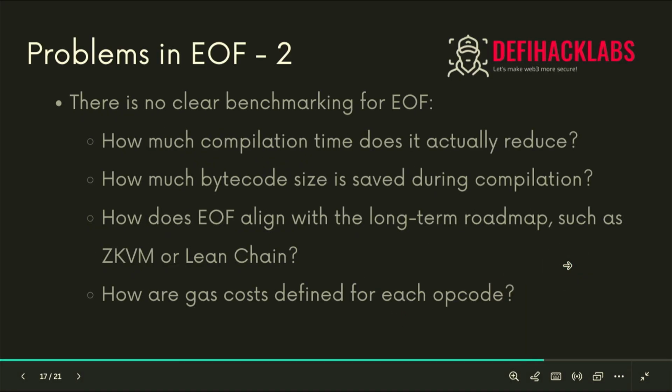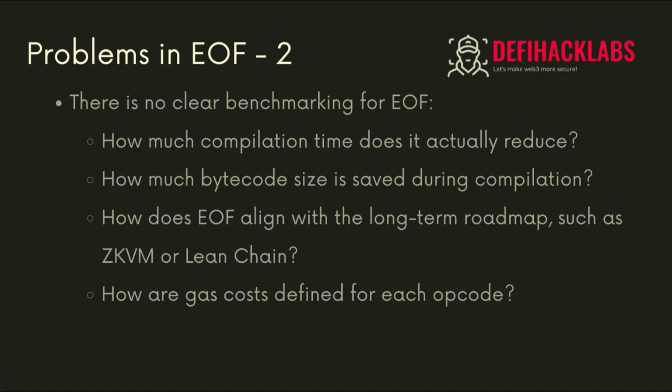And the second problem here is there is no clear benchmarking for EOF. When developing EOF, people argue that EOF will save a lot of compilation time because there is static jump that could help the tooling be faster, and we have exchange or similar opcode that can reduce the operation count.